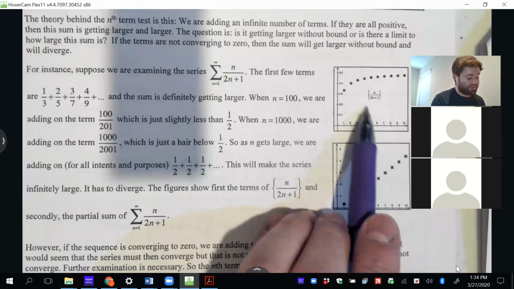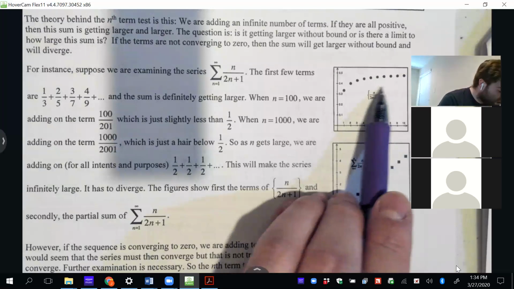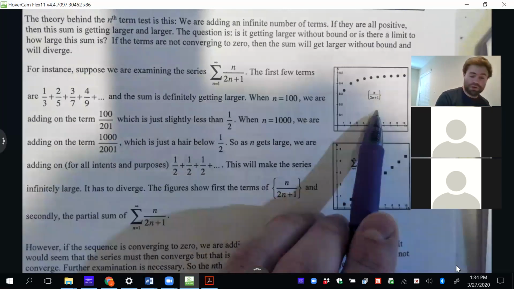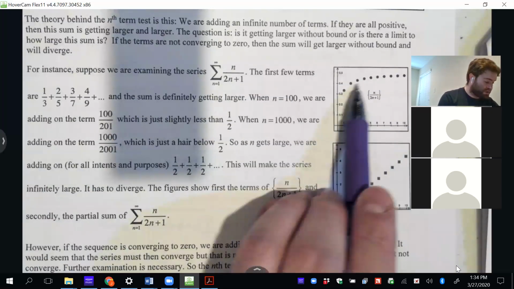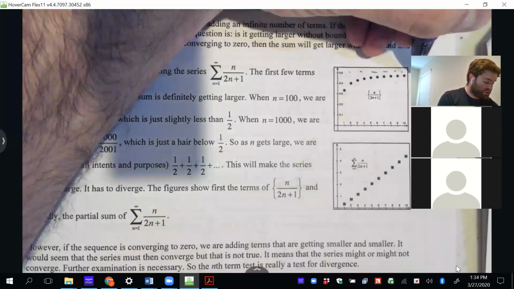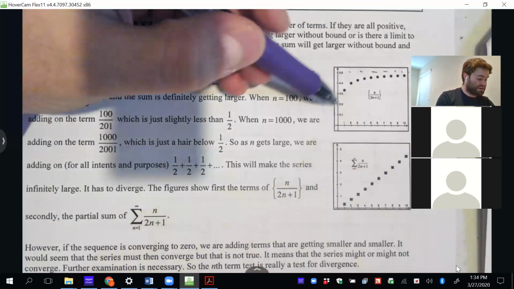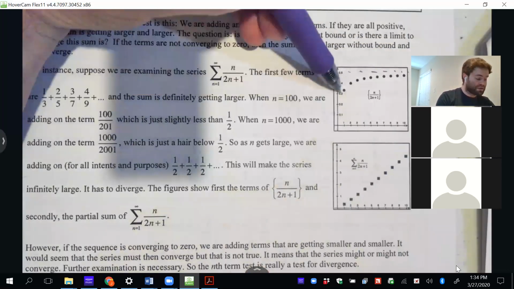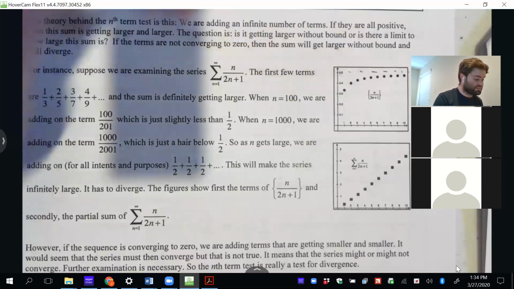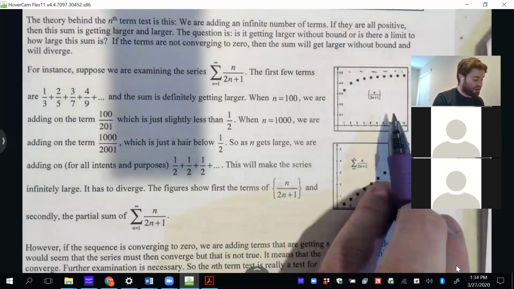Based on the n behavior rules, as n approaches infinity, we know that this number in the sequence is going to approach 1/2. It looks like it's approaching that horizontal line of 0.5. Not super close to it yet, but it will get really close. These dots show the sequence of the numbers, and this sequence is not approaching 0, it's approaching 0.5.